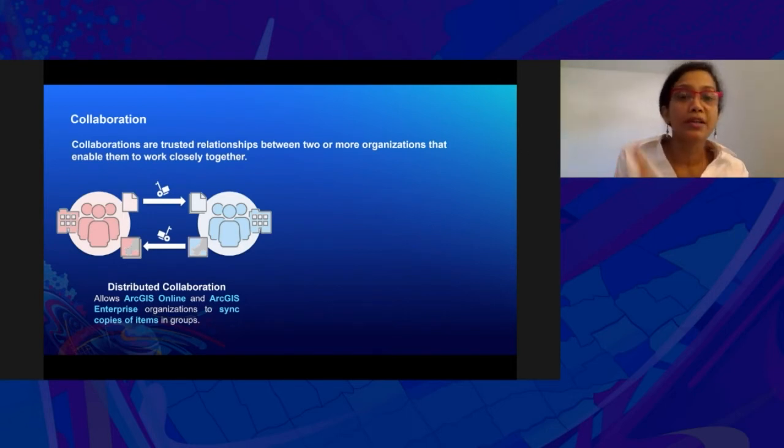It's transferred over as a copy, and the pink organization owns the copy of the map. From that point on, this map is kept in sync between the blue and the pink organizations. So that's how distributed collaboration works. It works by item replication and keeping the two copies in sync.